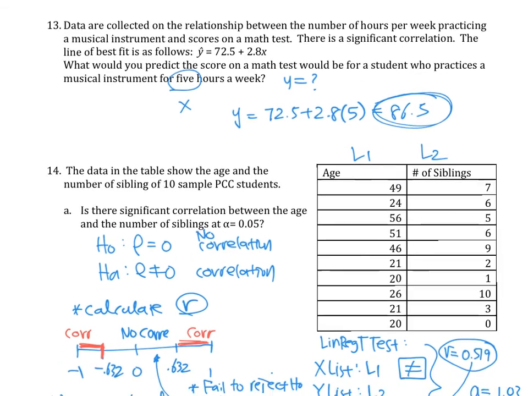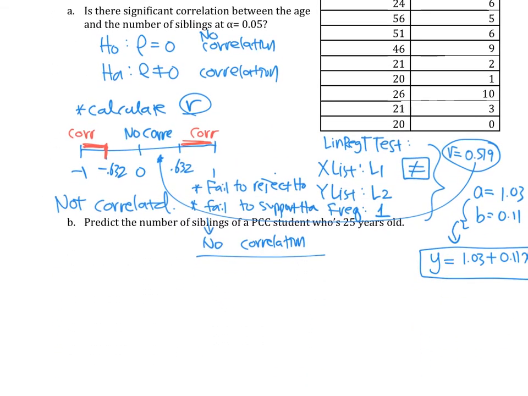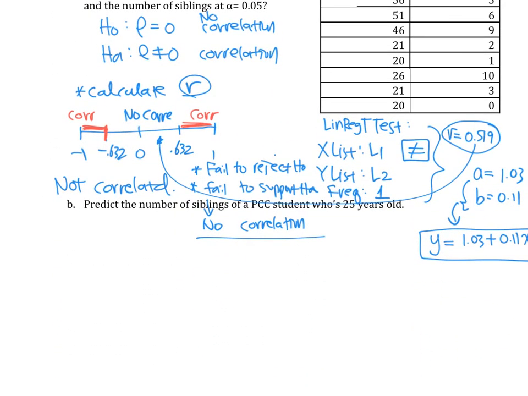All right, number 14, we did the first part. Let's look at the second part of number 14. It says, predict the number of siblings for PCC students who are 25 years old. Again, because they're not correlated, this equation is meaningless because there is no correlation.